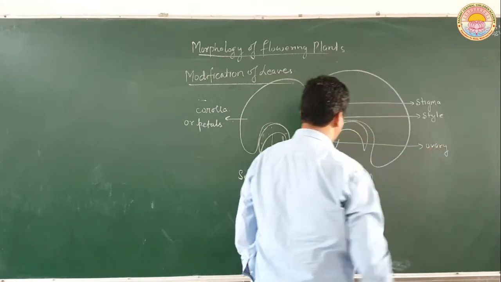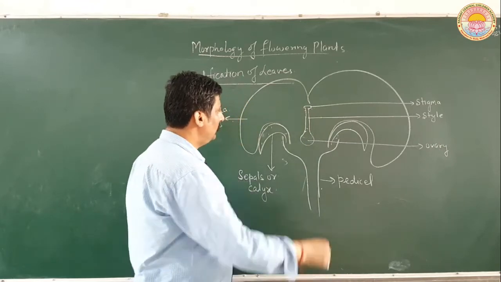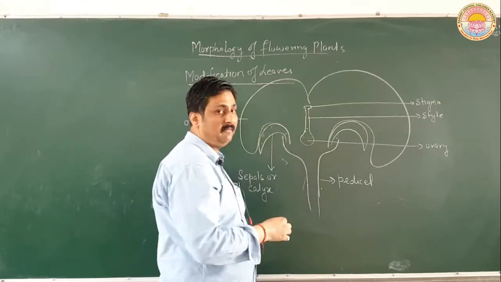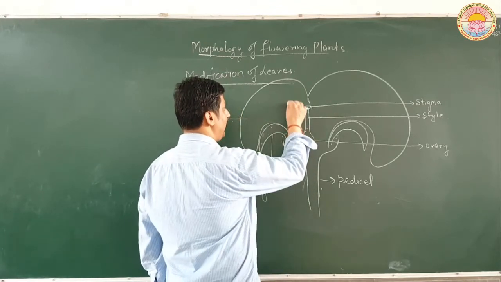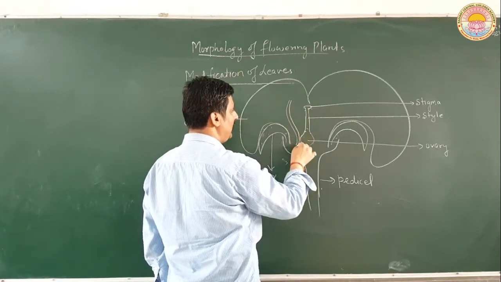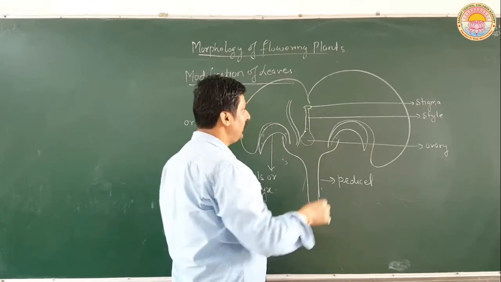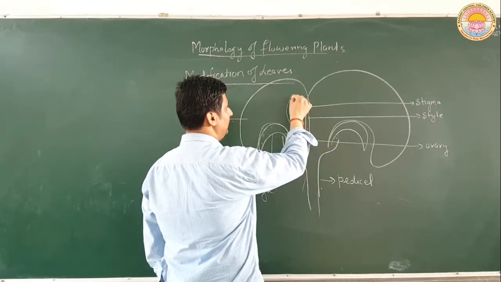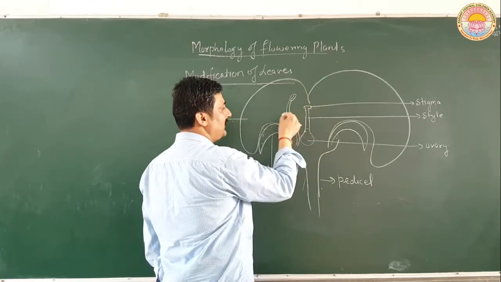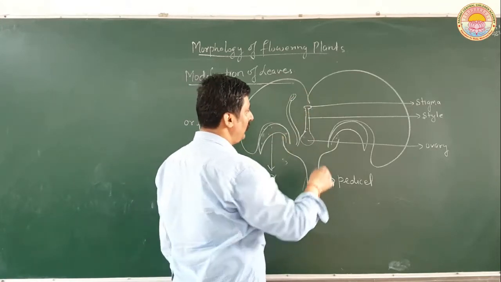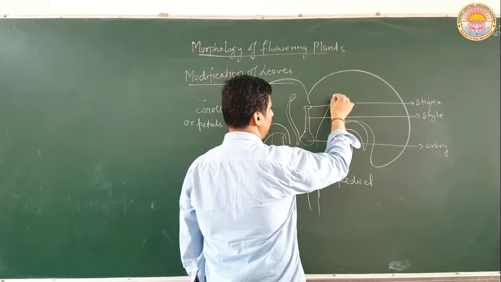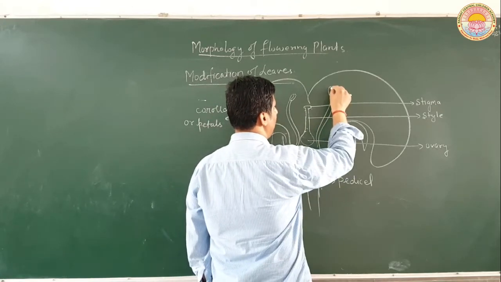Now very near to it, if the flower is bisexual, it will also have stamens consisting of a long stalk-like structure and then the anther. This long stalk-like structure is called the filament, and this is called the anther. Together they are called stamens, the male reproductive portion.